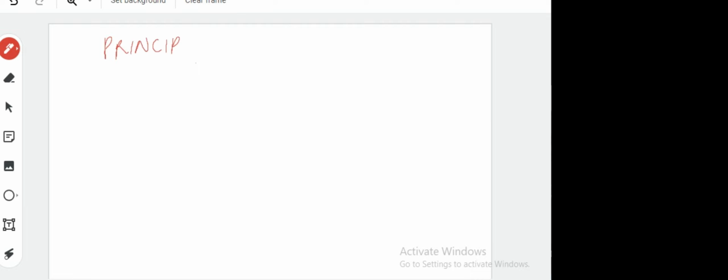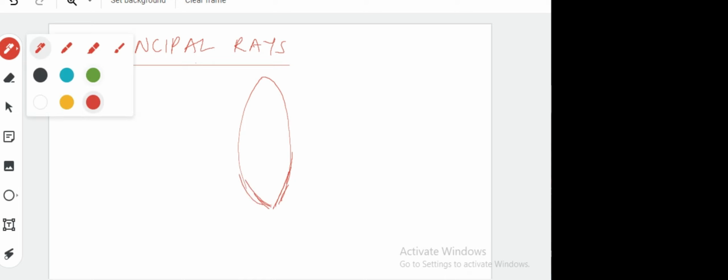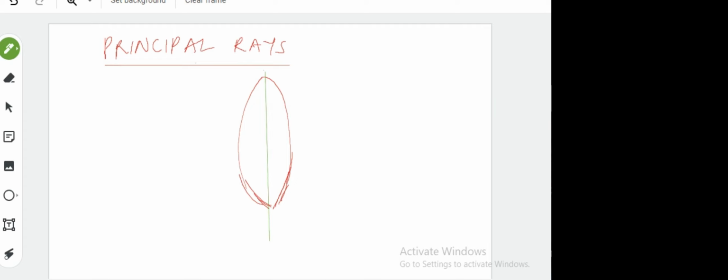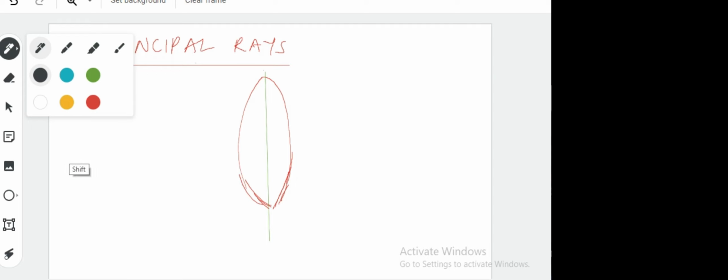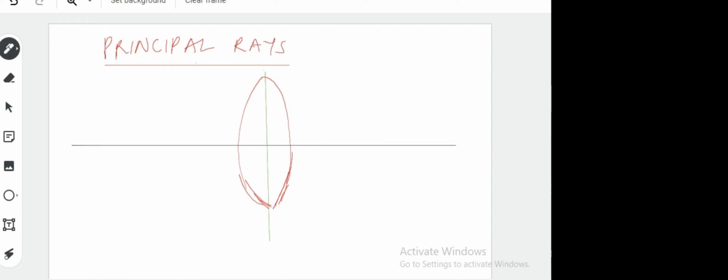Principal rays. There are three principal rays, like three basic rays that you can use to determine the position of the image formed by a lens.